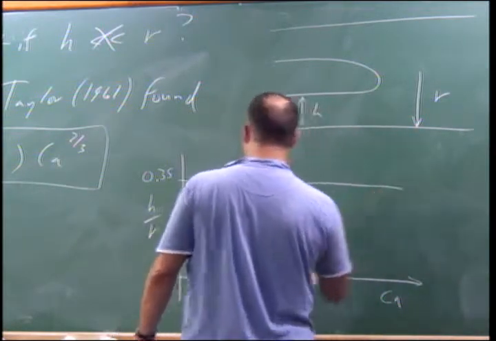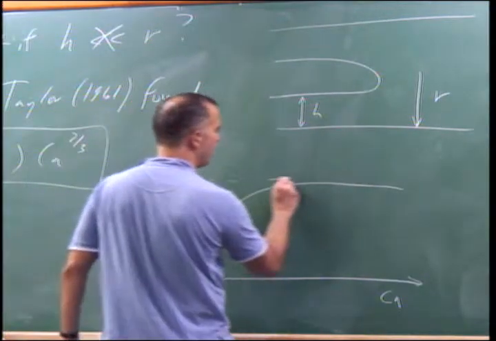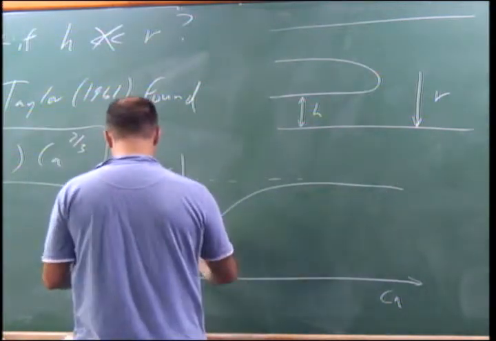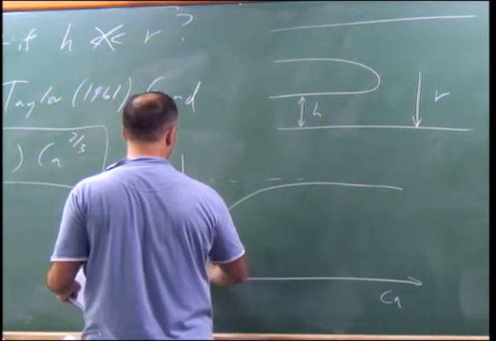It goes faster and faster, and the thickness will never go beyond 3.35. And the small capillary number theory gives you this asymptote.